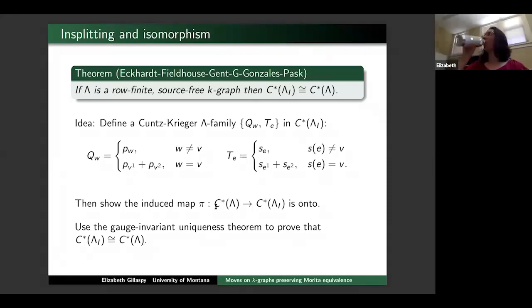You notice that we haven't really changed the length of any of the paths in doing this. This was an edge, it had color I. This one is an edge with color I. And so this map pi is going to intertwine the two gauge actions, one on C-star lambda and one on C-star lambda I. And so we actually get an isomorphism here of K-graph C-star algebras.